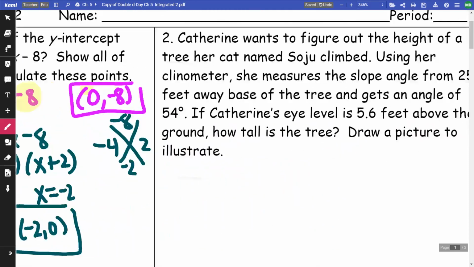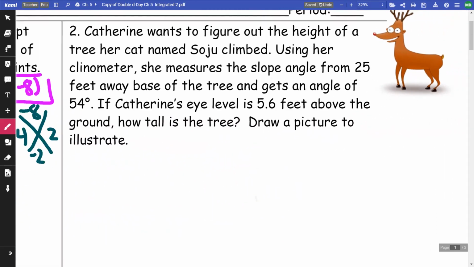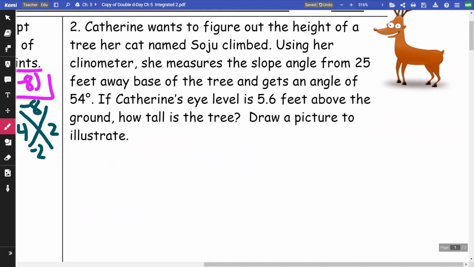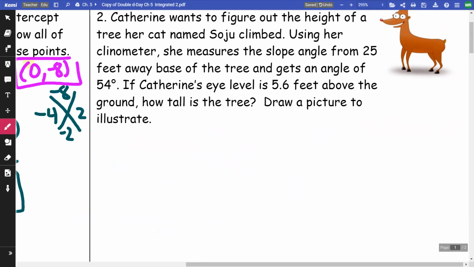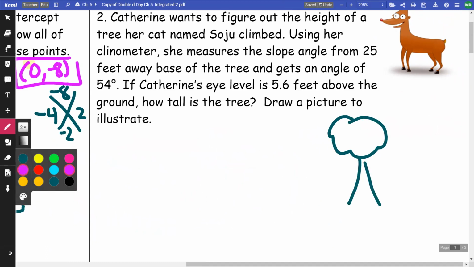On number 2, we want to figure out the height of a tree that our cat climbed in using a clinometer. And so we will have a tree. She is going to be standing, looking straight across through the clinometer and up.